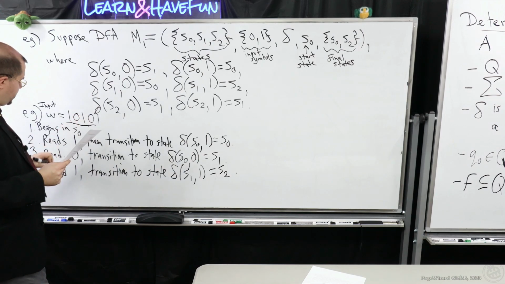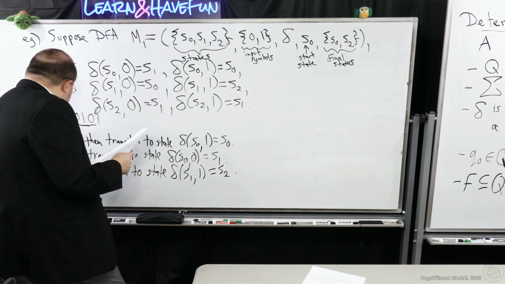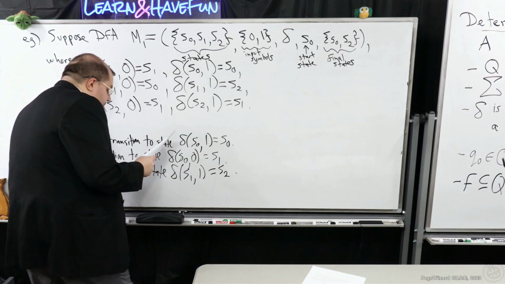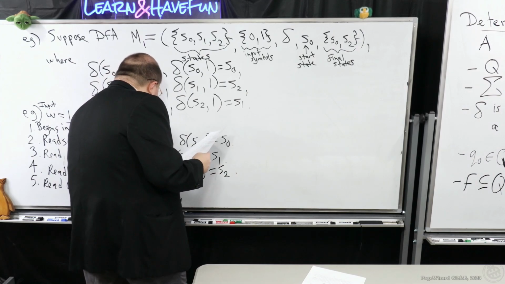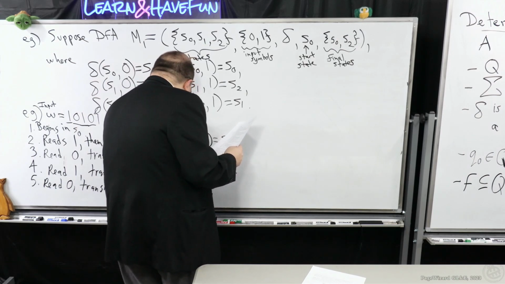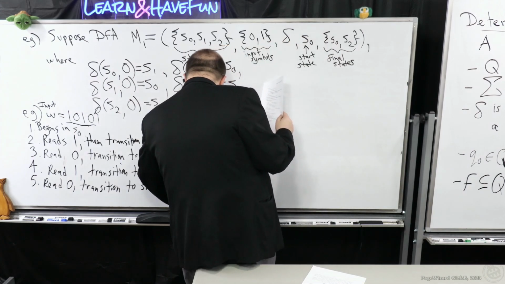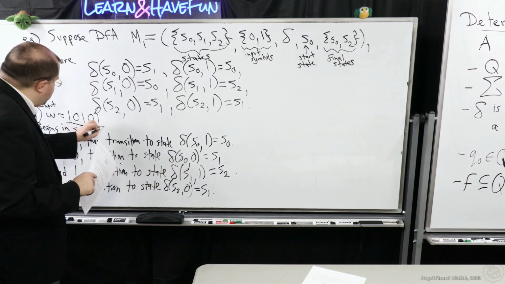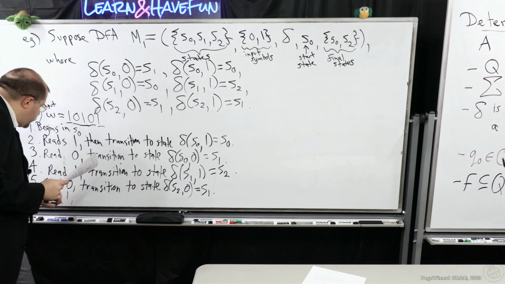Next, we read the 0. You transition to the state dictated by the transition function. We're in S2 and we read a 0, so it says to go to S1. So now we're in state S1. And finally, we read the 1, the last symbol on the input string.